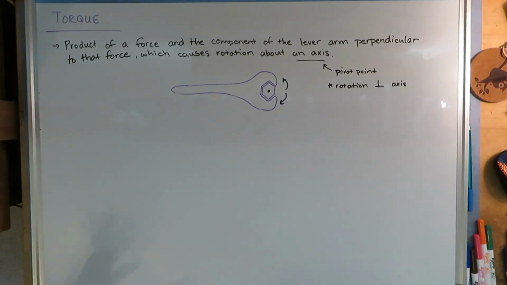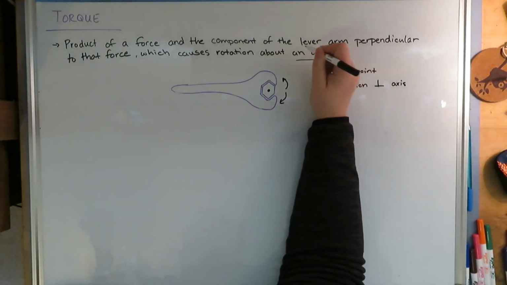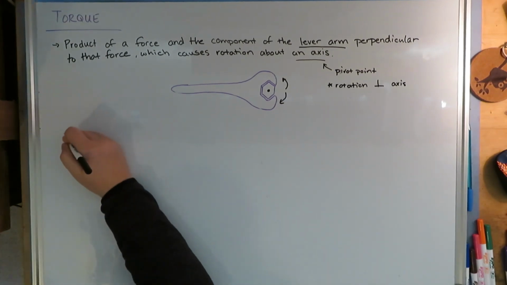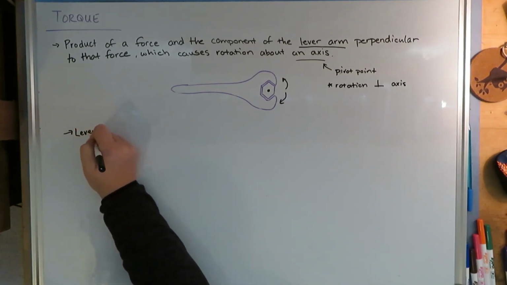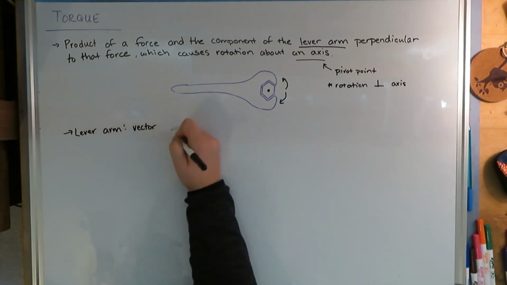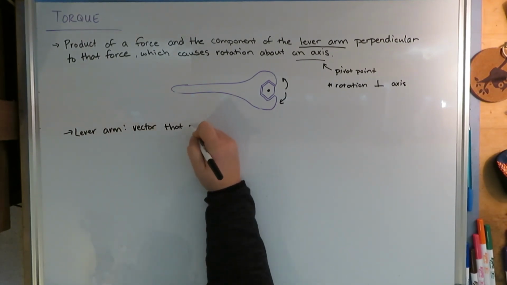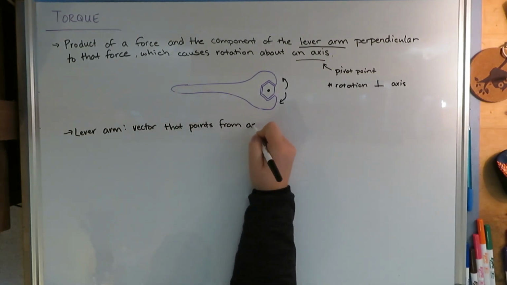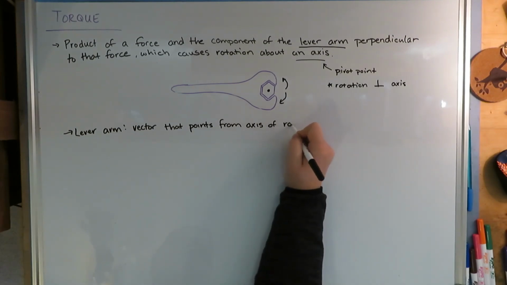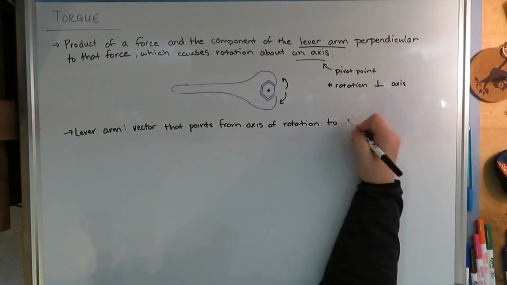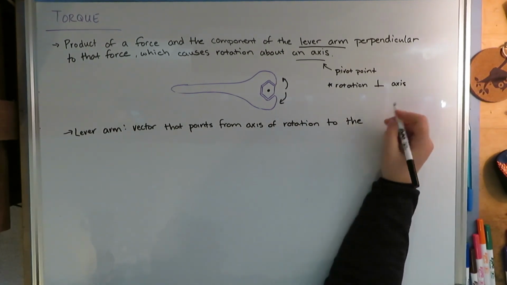Now, the next thing we need to talk about is this idea of a lever arm, because this is a new definition. The lever arm is actually a vector. It is a vector that points from the axis of rotation to the point where the force is applied.